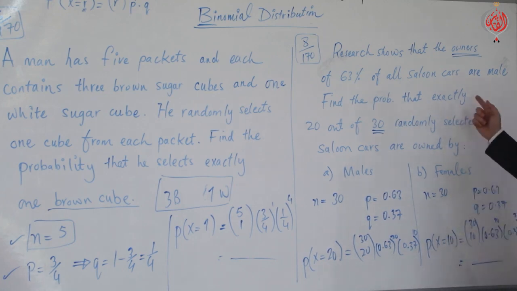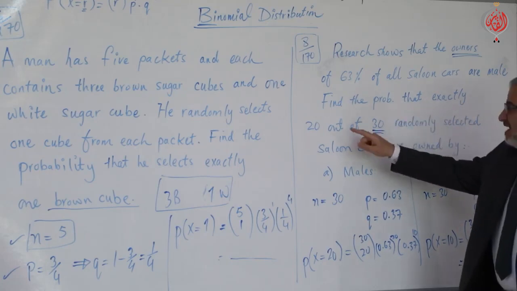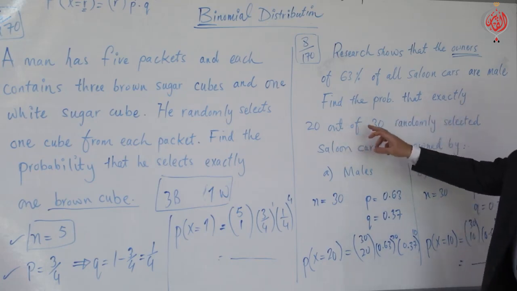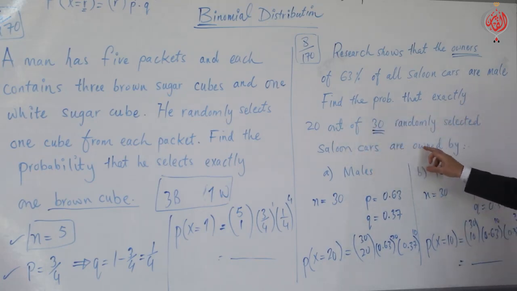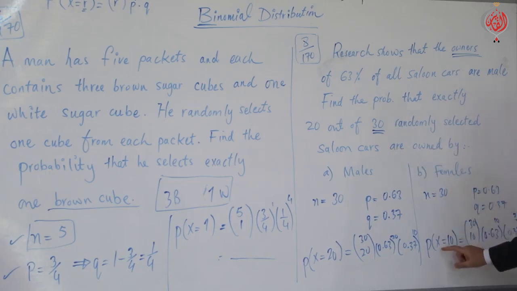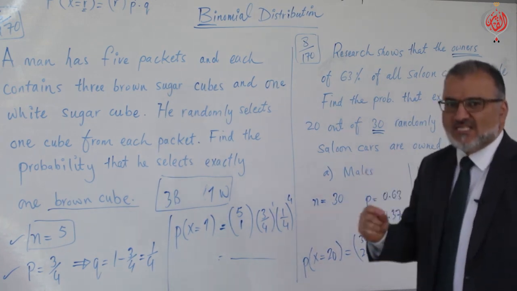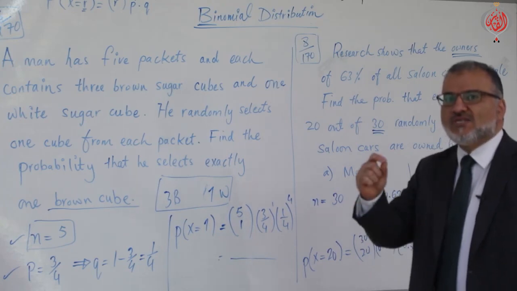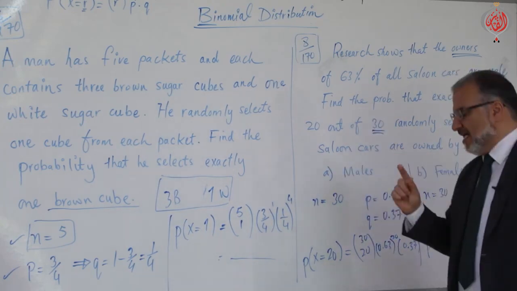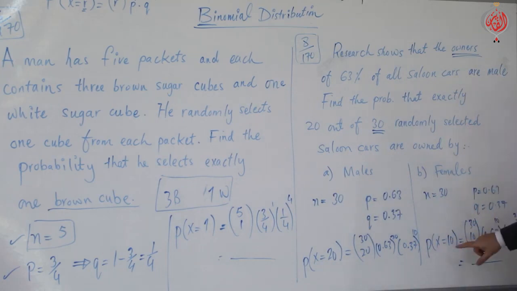Even though I'm asking for the probability that exactly 20 out of 30 are owned by females, you have to deal with X equals 10, because I identified my random variable X from the beginning as the salon cars owned by males. So 20 females means 10 males. This is the difference.